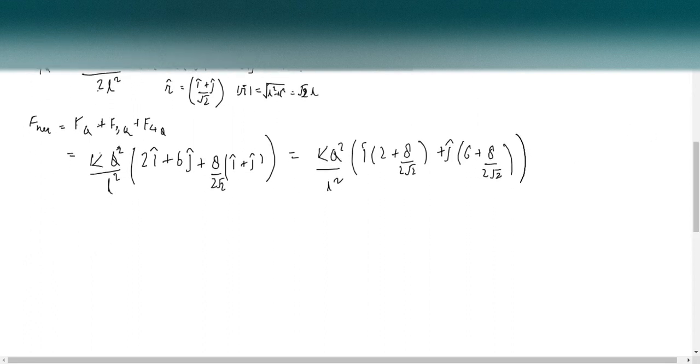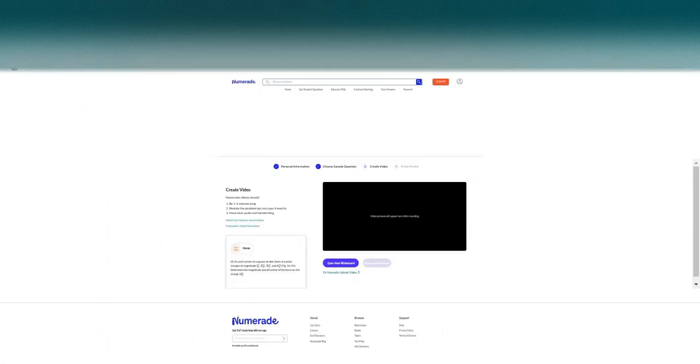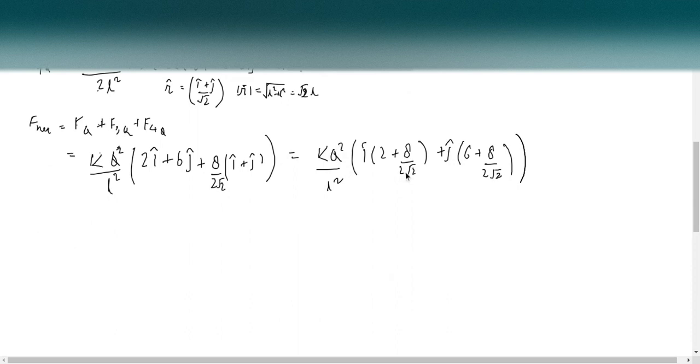Now our aim is to calculate, wait, let me look at the question again. We have to find the magnitude and the direction of the force. So first we have to calculate the magnitude. We're going to calculate the sum of both of them.